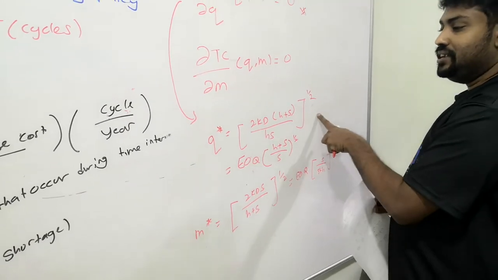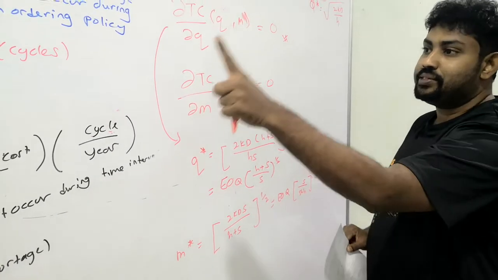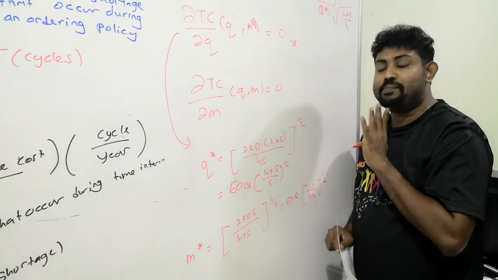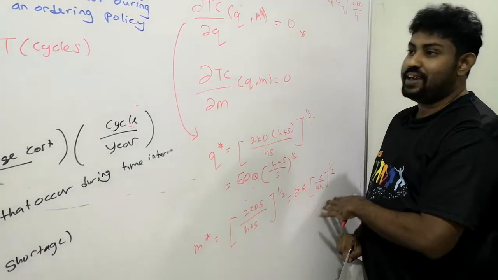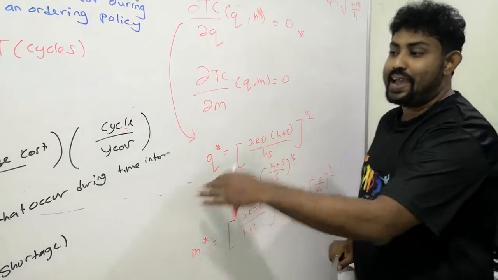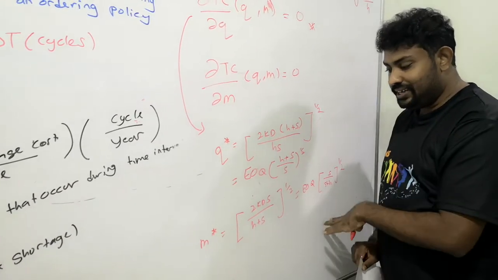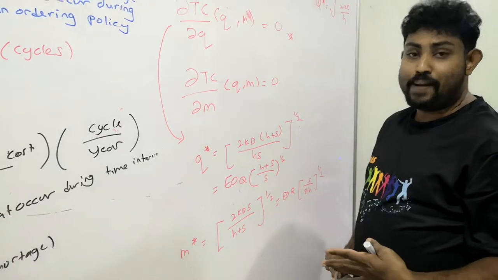Now we already have a new order quantity. This formula can only apply when we have shortage, and this is the maximum inventory when we have shortage. How many should we backlog? That's why we need to learn this first before we understand backlogging.